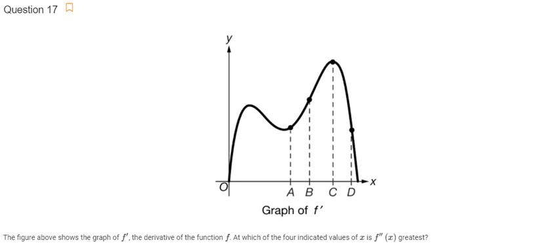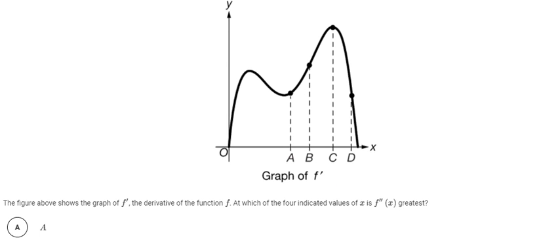All right, 17, this tells us we have the graph of f prime. And we know if we have the graph of f, the derivative are the slopes at points along the curve. So if we have f prime, the graph of the derivative, and we're looking for the second derivative, well, we're looking for the slopes at points along the curve. Same principle applies.